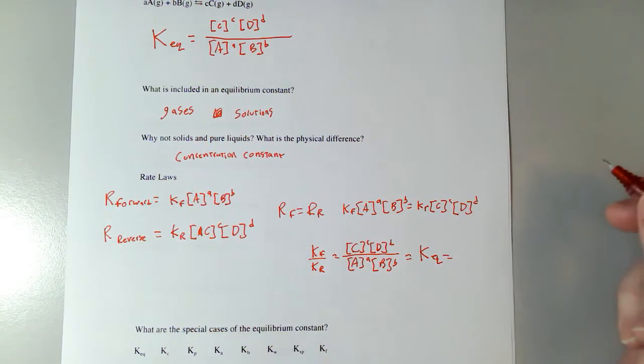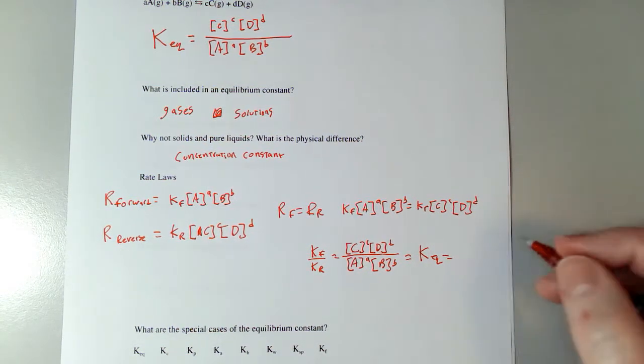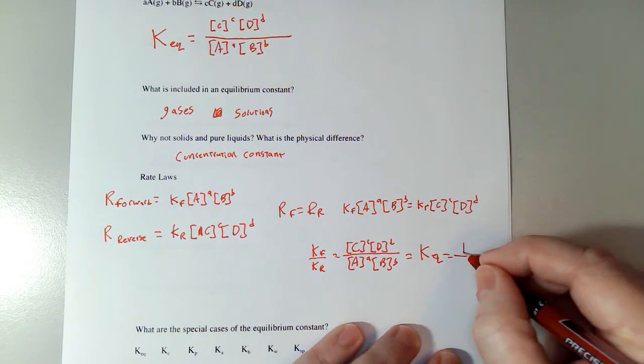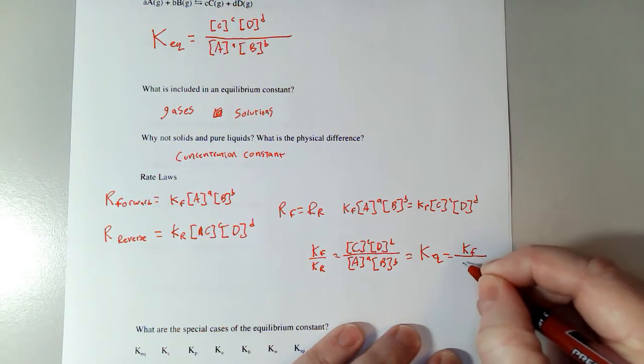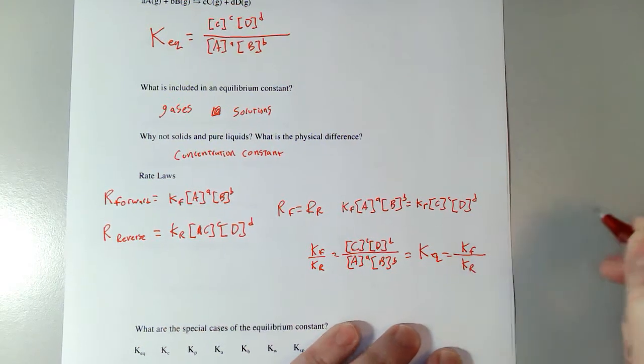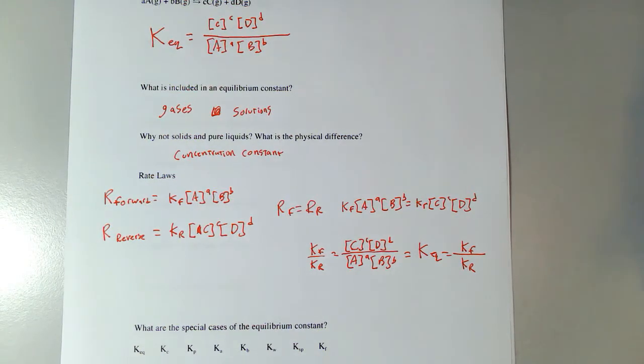So essentially, the numeric value of the equilibrium constant equals the rate constant for the forward reaction divided by the rate constant for the reverse reaction.